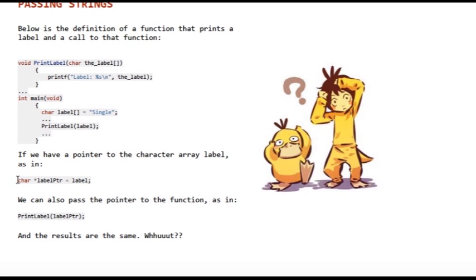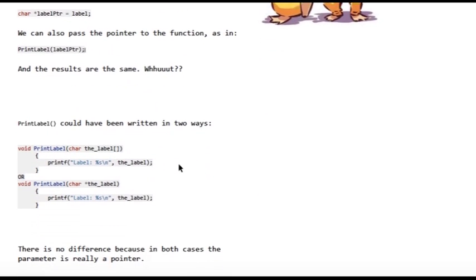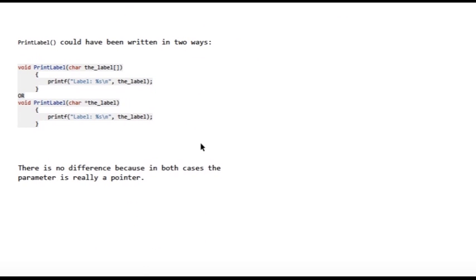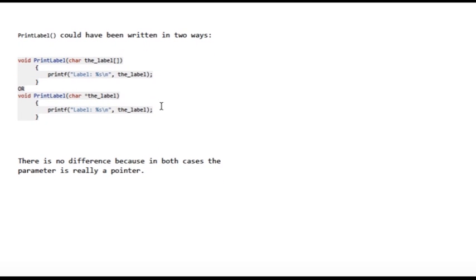However, if we have a pointer to a character array label, as in here, we can also pass that pointer to a function, as in here, and the result will be the same. Why? Well, when we declare an array as a parameter to a function, we really just get a pointer. So, printLabel could have been written in these two ways.